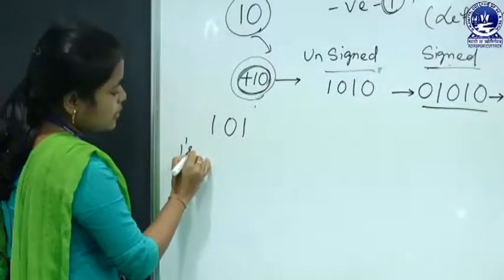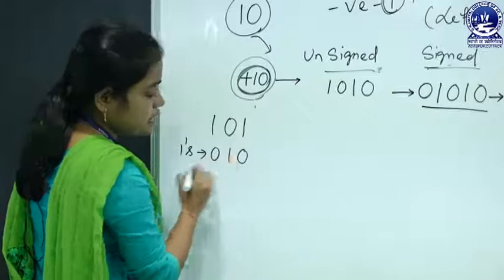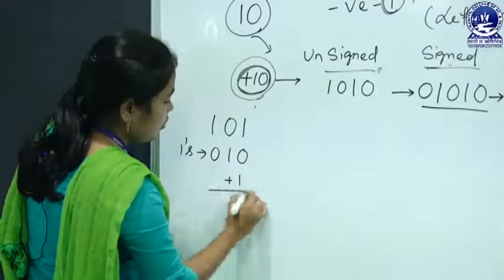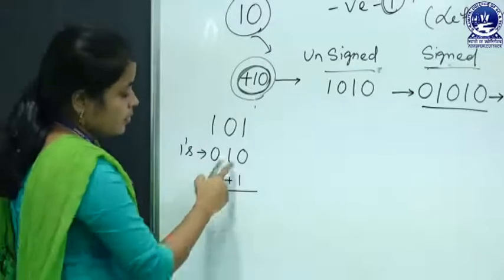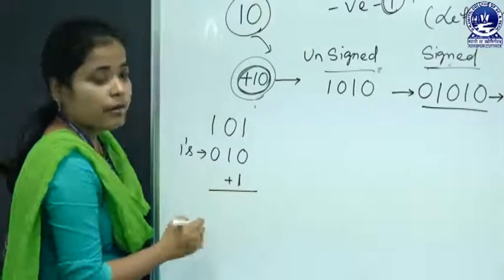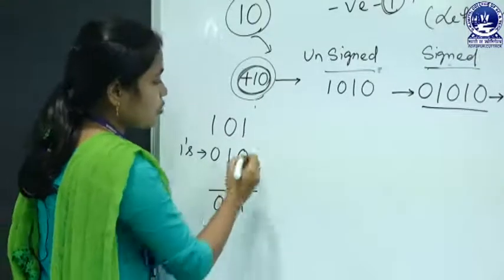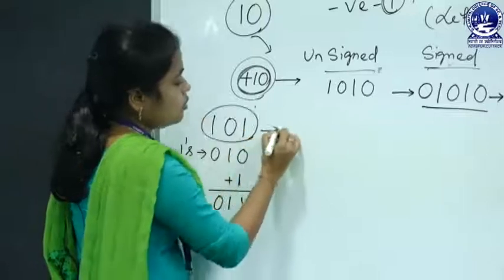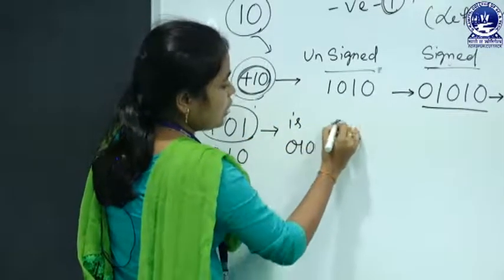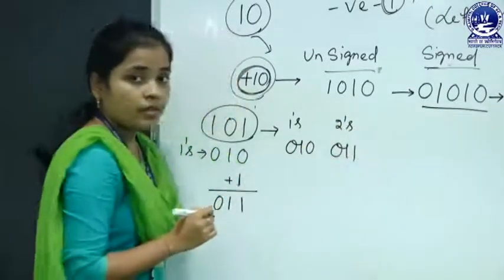To find the ones complement, we will invert each bit, then by adding 1 to this ones complement, you will get the twos complement of the binary value. So, for this value, the ones complement will be 0, 1, 0 and the twos complement will be 0, 1, 1.